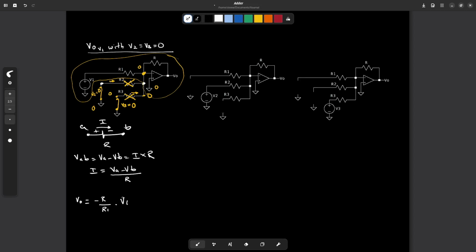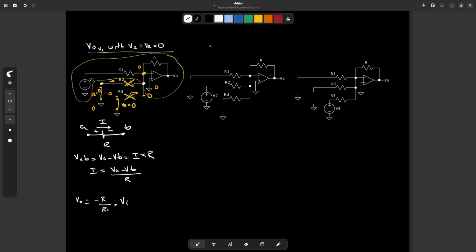I'm going to leave you the link to this video, the inverting topology, if you want to realize how we calculated it. So we know that the output voltage of an inverting topology is like this. So let's proceed with the second one.